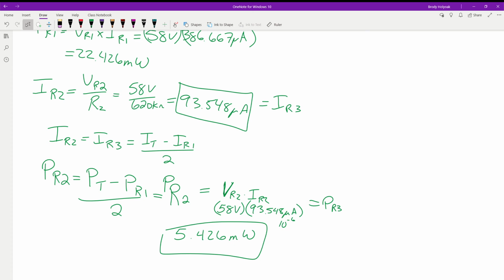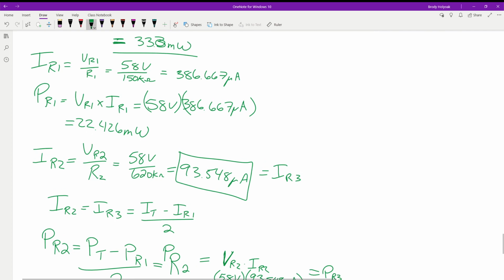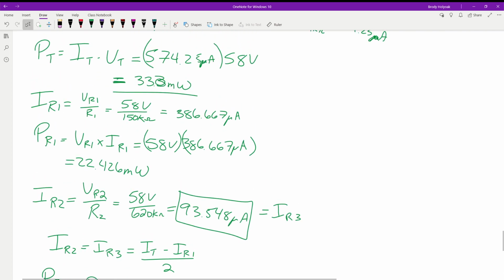So for power, we have 22.426 milliwatts. We've got 5.426 milliwatts across resistor 1, across resistor 2, and then we're going to add in another one of this value for resistor 3. And we end up with the 33.278, which again matches the 33.3 milliwatts there.